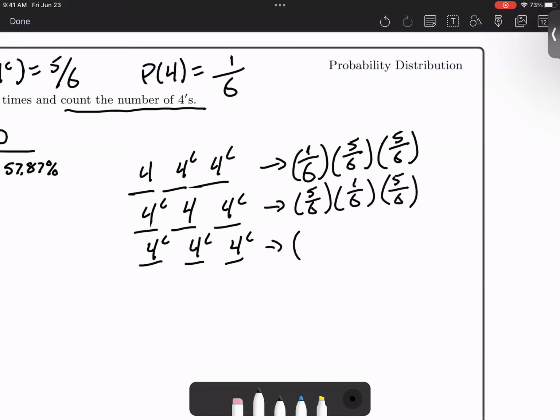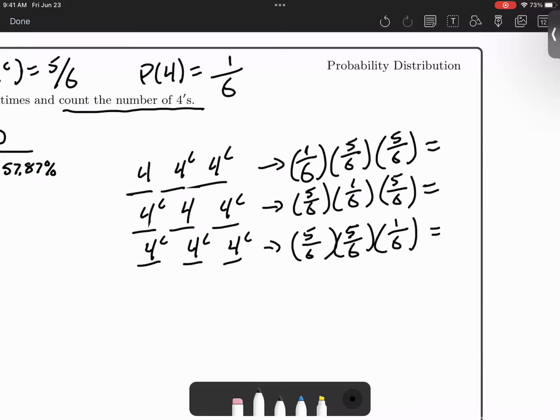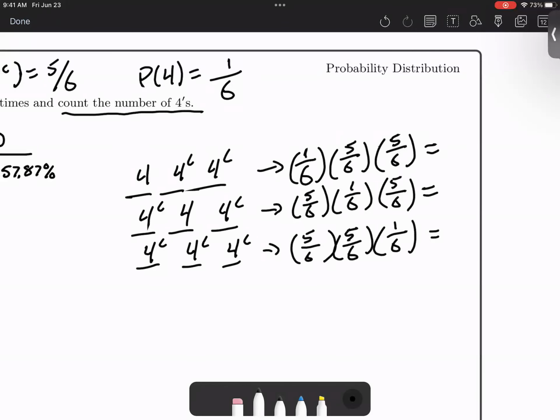The third way is not a 4, not a 4, and then our 4. But due to the commutativity of multiplication, the order of these doesn't matter. So we all get the same thing. We get 0.1157, right? For every situation here.